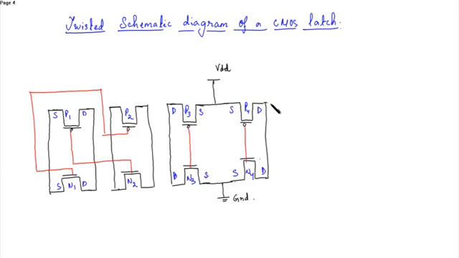Okay, so this is the input. Suppose this is input Y and this is input X, then the output obtained will be this is the inverter form.